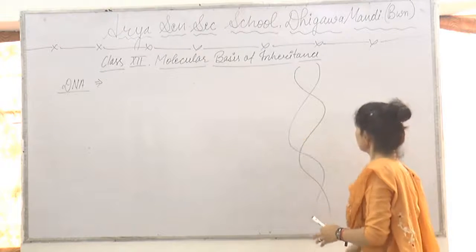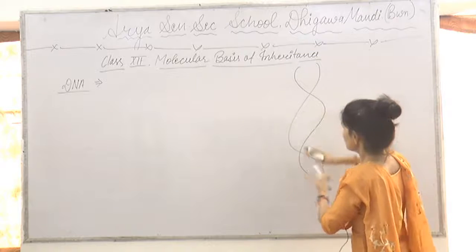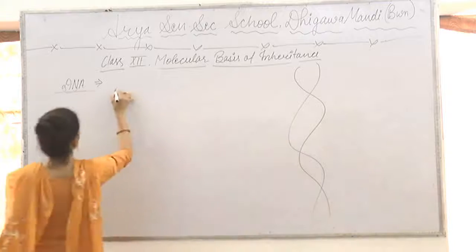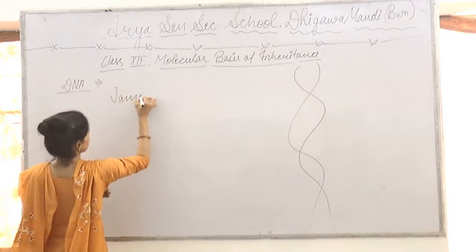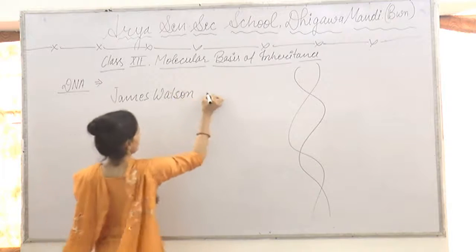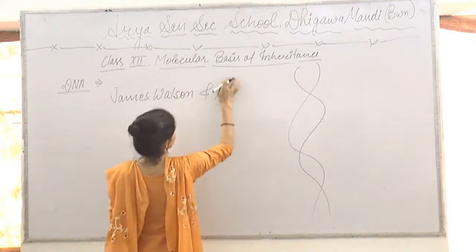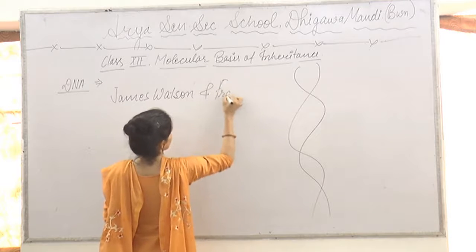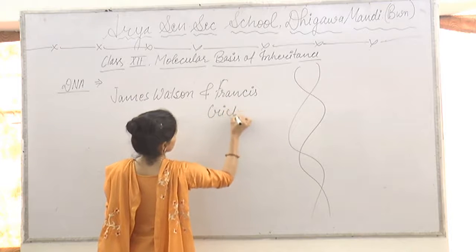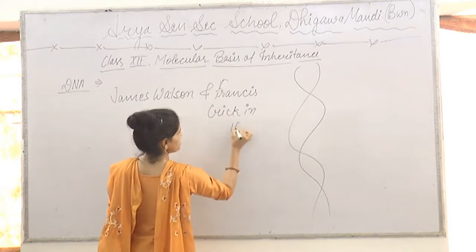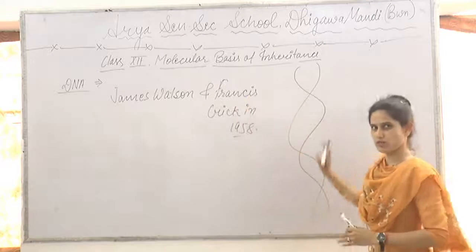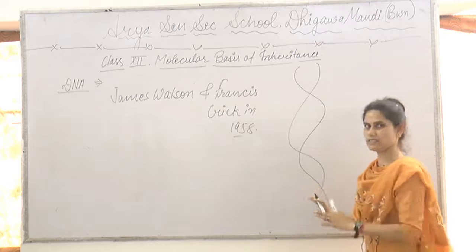This is the DNA, a double helical structure, proposed by James Watson and Francis Crick in 1953. So this model is known as the Watson and Crick model.